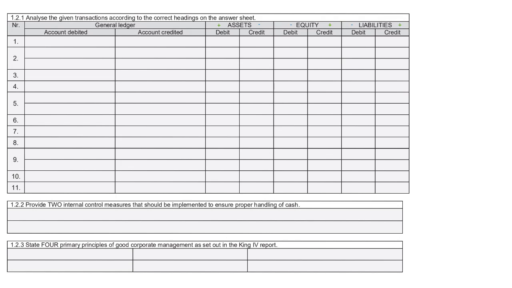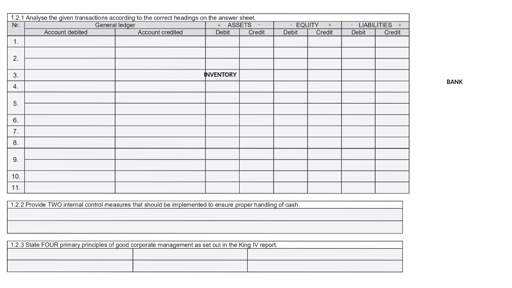Now let's read number 1. Make an EFT to odd stores for delivery fees on inventory purchased R450. Delivery fees forms part of inventory. So the two ledger accounts involved will be inventory and bank. Now we know both of these accounts are classified as assets.